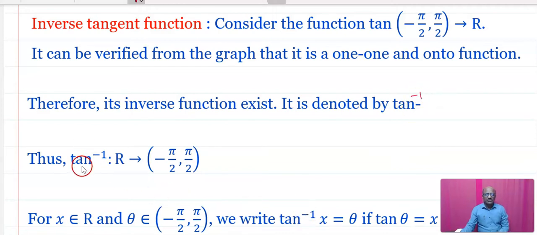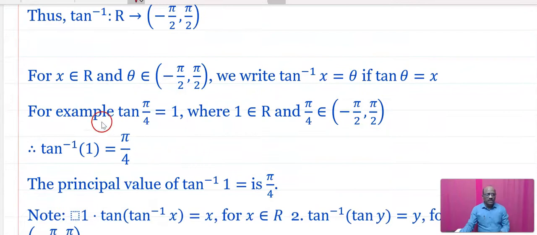And thus tan inverse is defined from R to the open interval minus pi by 2 to plus pi by 2. Here x belongs to the set of real numbers and theta belongs to the open interval minus pi by 2 to plus pi by 2. We can write tan inverse of x is equal to theta if tan theta is equal to x.